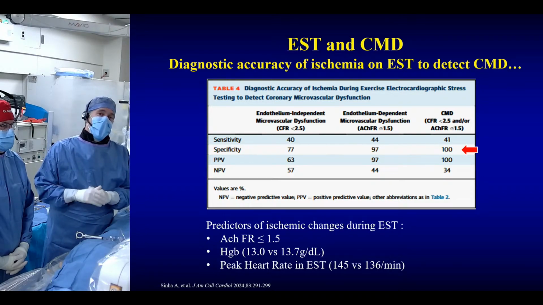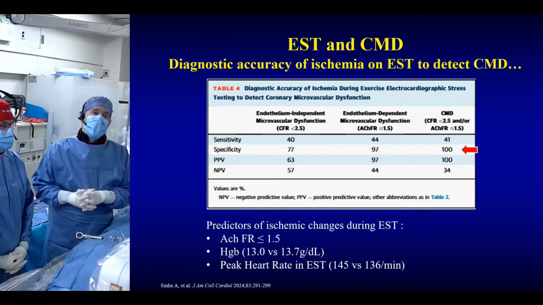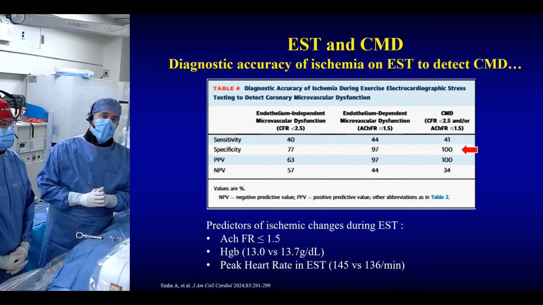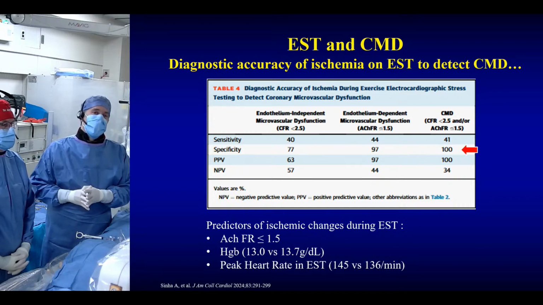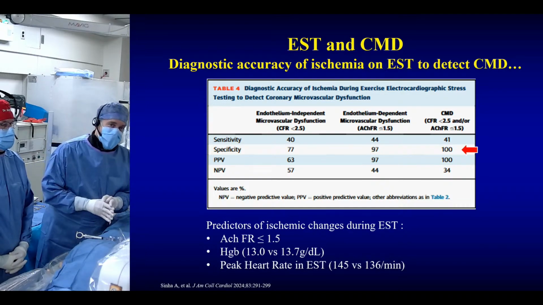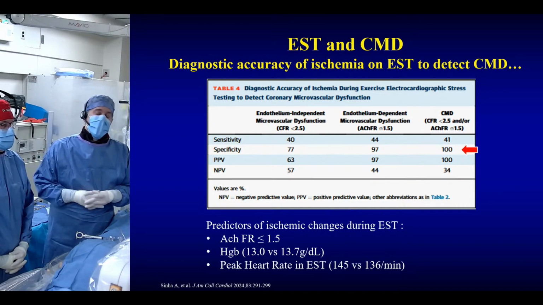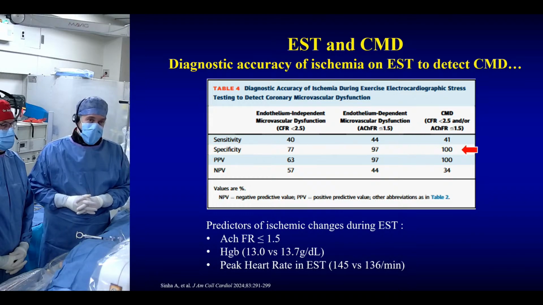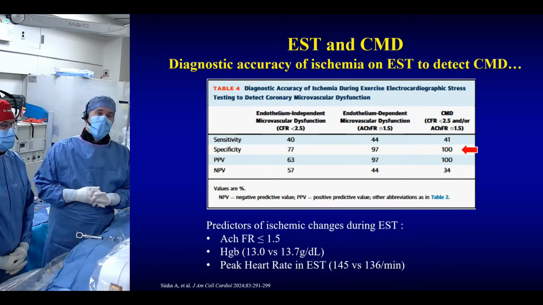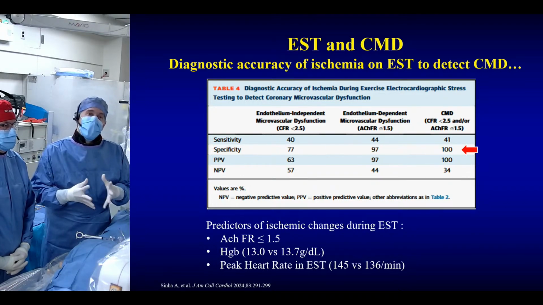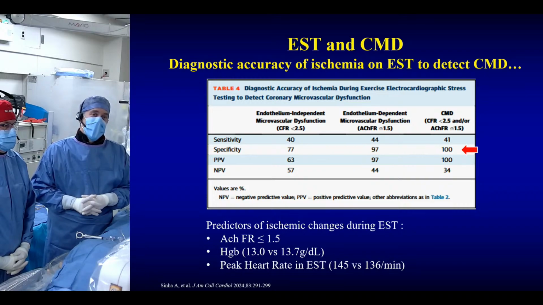If they had an abnormal acetylcholine flow reserve, that specificity increased to 97%. When you combine both an abnormal CFR and acetylcholine flow reserve, the specificity was 100%. So 32 of those ischemic patients had identifiable coronary microvascular dysfunction on that testing.